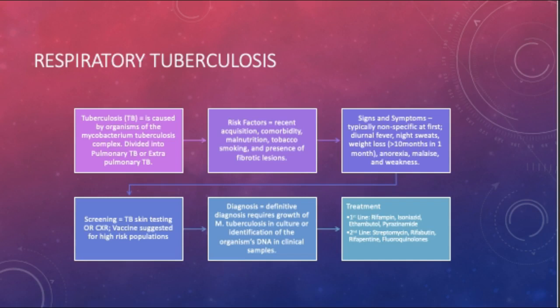For the treatment, if you look at that last box on there, I did put up some of the first line and the second line. There's also third and fourth line as well. One thing to make sure that you're aware of is a lot of the time they will combine a first line drug with a second line drug. And especially for patients that are multi-drug resistant, they end up having to be creative and they have to give them multiple drugs rather than just one.